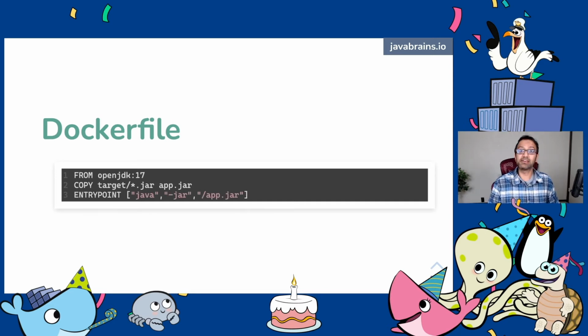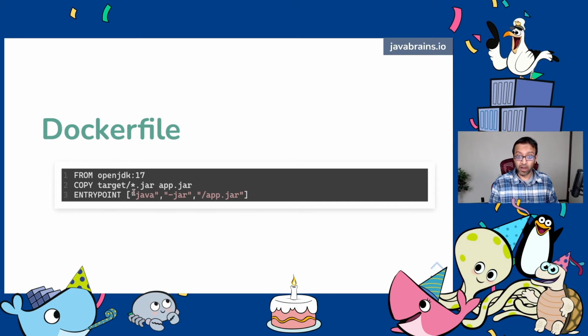And then you have an ENTRYPOINT, java -jar app.jar, which is basically the way you ran your Java application. But now you're doing this inside a container, which is based on OpenJDK 17. So you know that this is going to have Java 17 available for you. So you know that this is going to run exactly the way you want it to, all right?